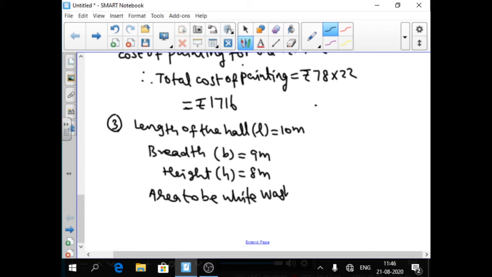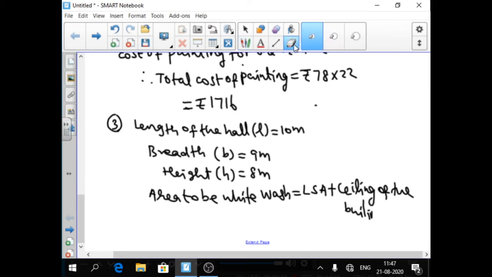Area to be whitewashed is equal to, so this area formula is lateral surface area plus ceiling of the building. So you know the formula.